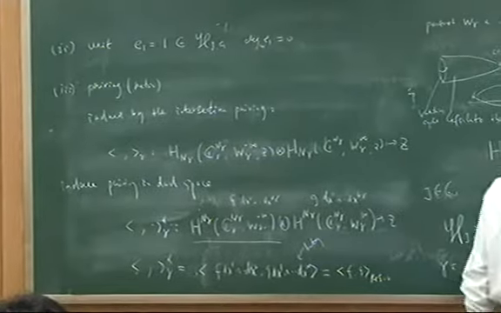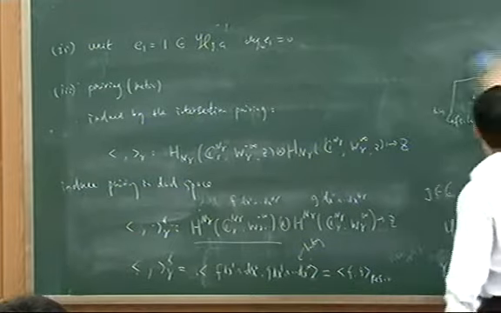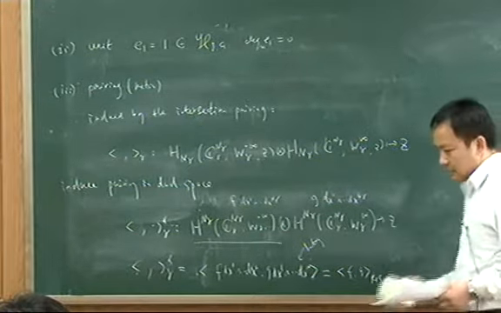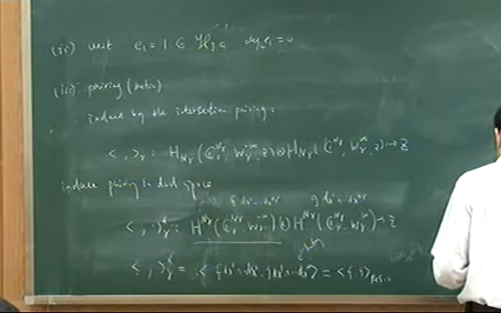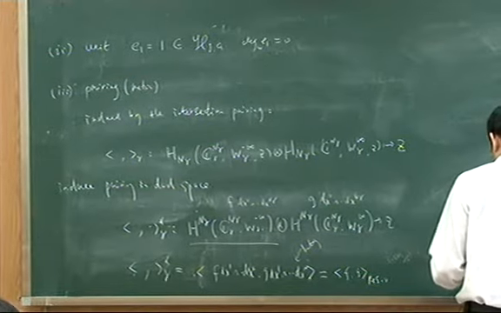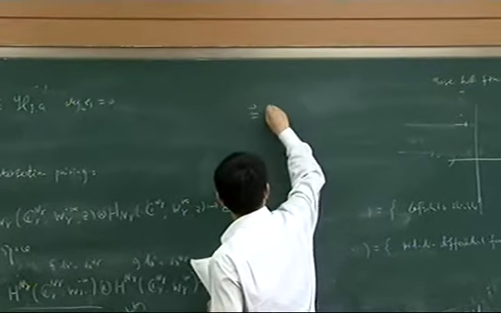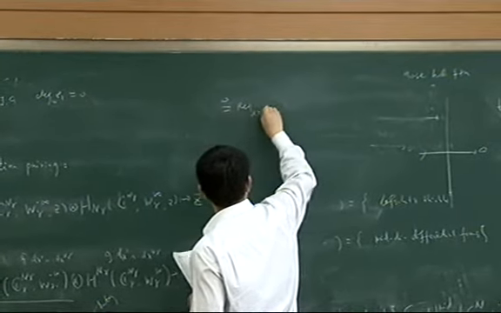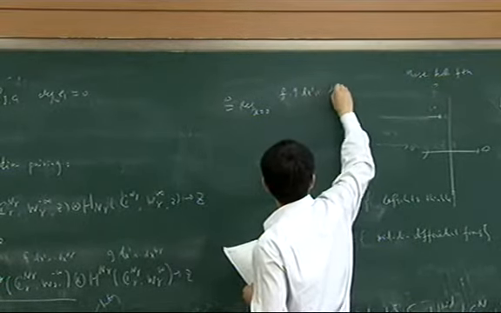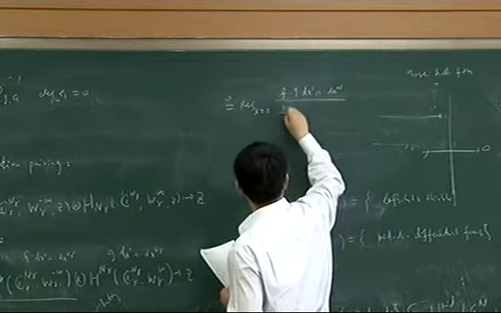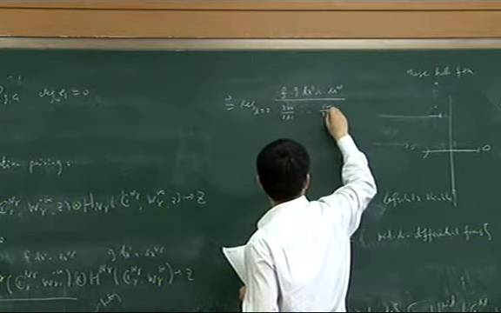The residue pairing is defined in this way: the residue at x equal to 0 of f g dx1 ... dxn over partial w over partial x1 times ... partial w over partial xn.